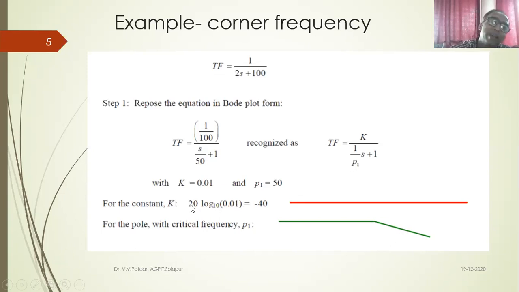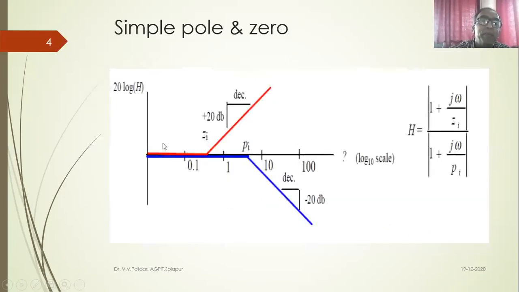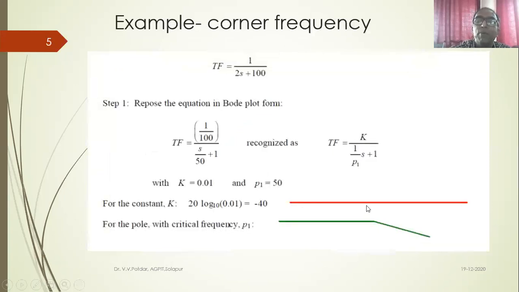So minus 2 into 20 gives me minus 40. On my graph paper, this is the plus side, this is the minus side. Minus 20, minus 40. At minus 40, I draw a straight line. This is the Bode magnitude plot for this constant K term of 0.01. It is 20 log to the base 10 of 0.01, which is minus 40.